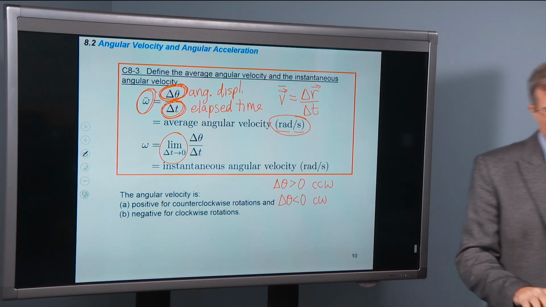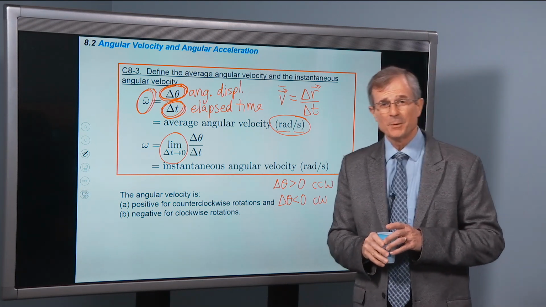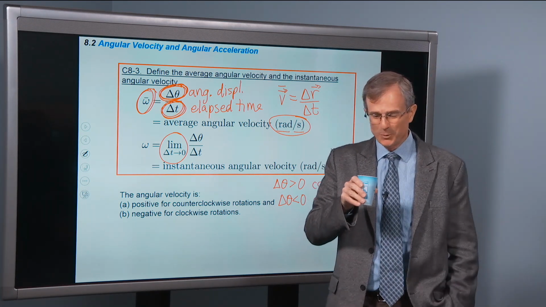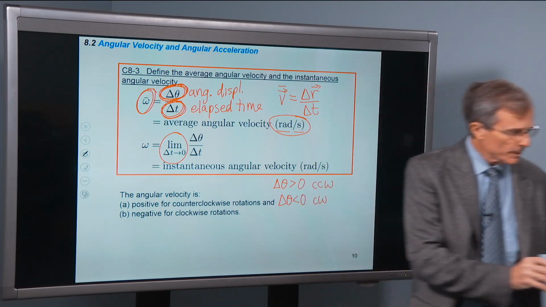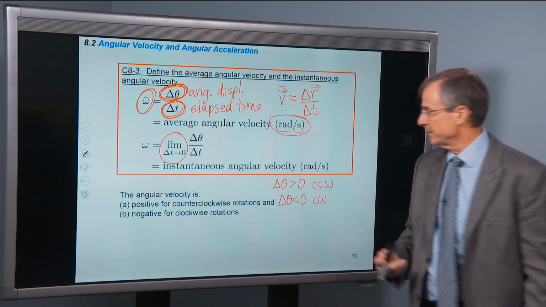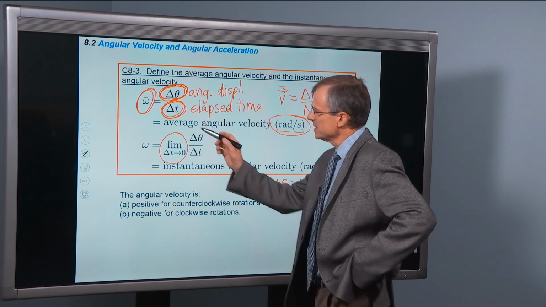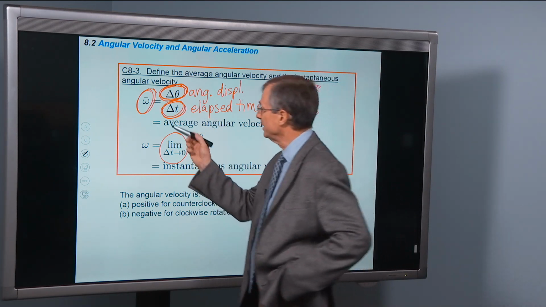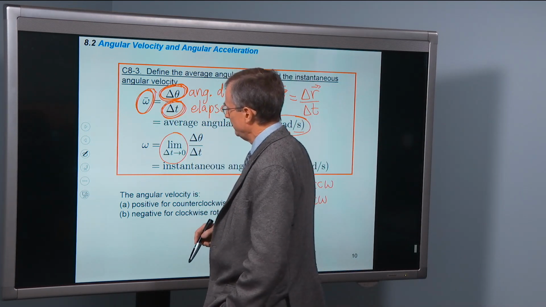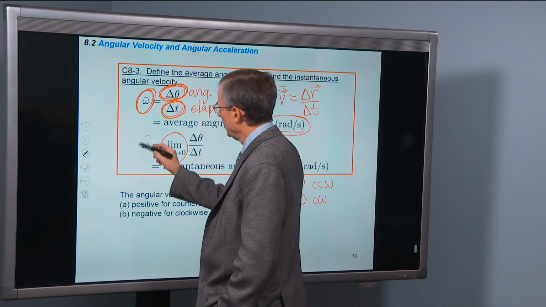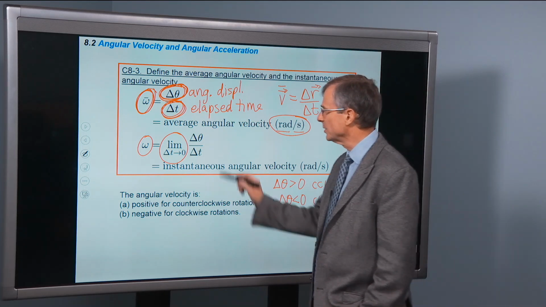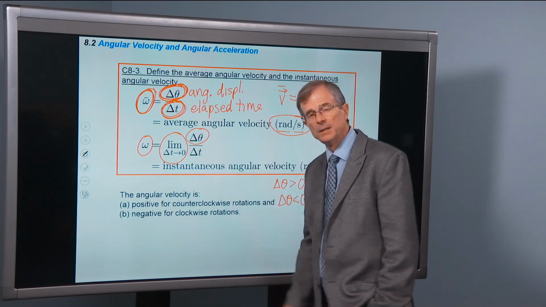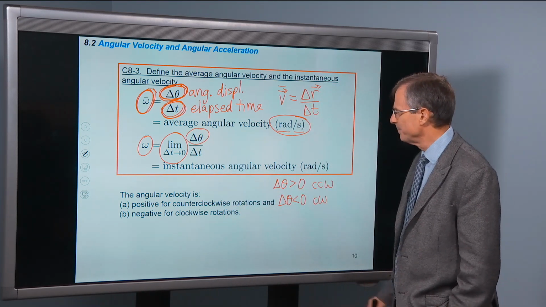Well, the change in the time in the world that we live in is always going to be positive because you want your clocks to run forward and not backward. So delta t is always going to be a positive number. And so the sign, meaning positive or negative, of the average angular velocity, or in fact the instantaneous angular velocity, is going to be governed by the sign of the angular displacement.